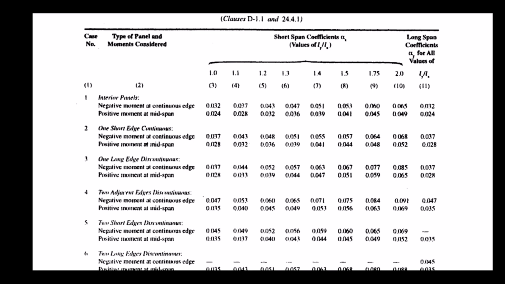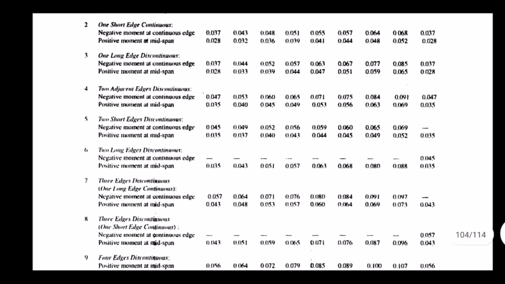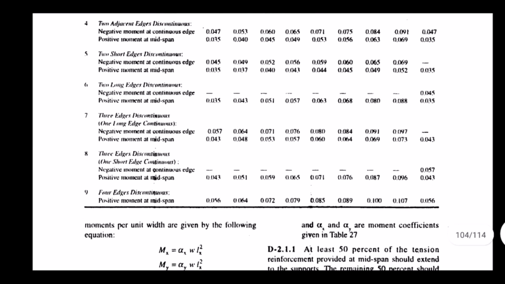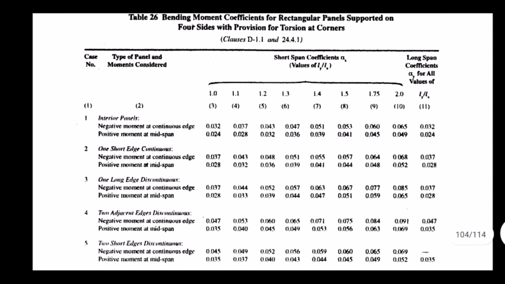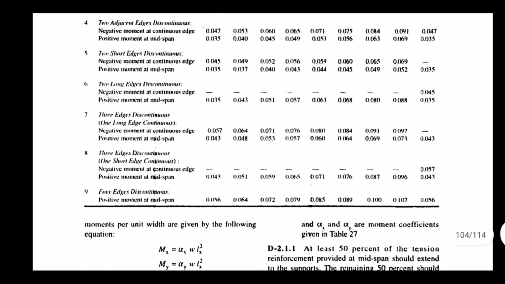For 1.2, alpha x is 0.072 and for 1.3, alpha x is 0.079. So definitely for 1.25 the value of alpha x lies between 0.072 and 0.079.